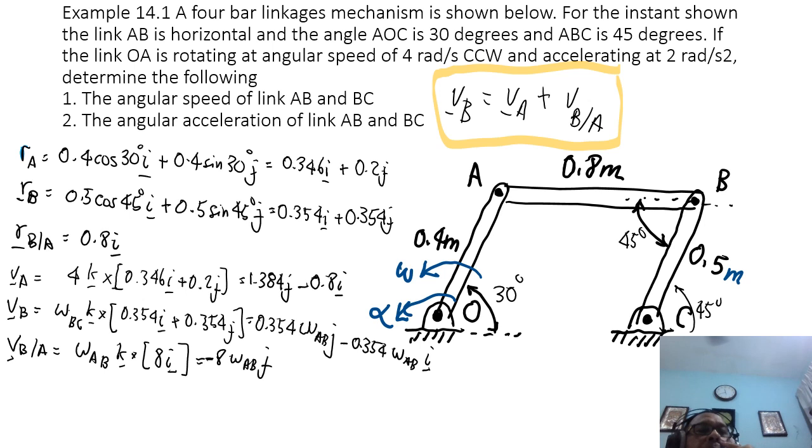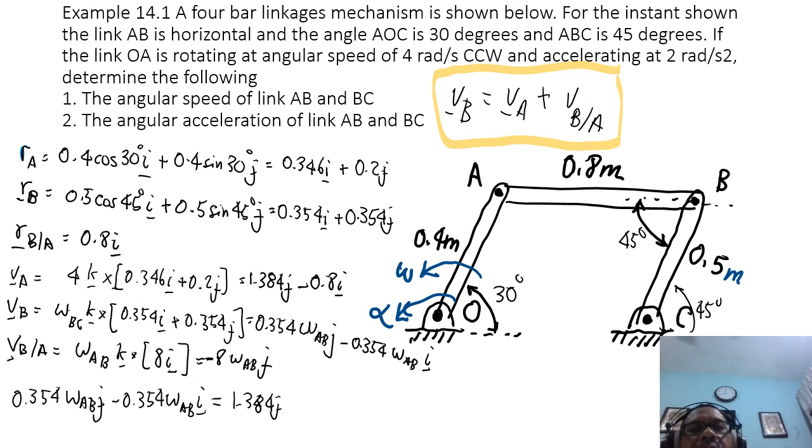So 0.354 omega BC J minus 0.354 omega BC I equals VA, which I know is 1.384 J minus 0.8 I, plus VB relative to A, 8 omega AB J. I hope I've done all the calculations correctly.